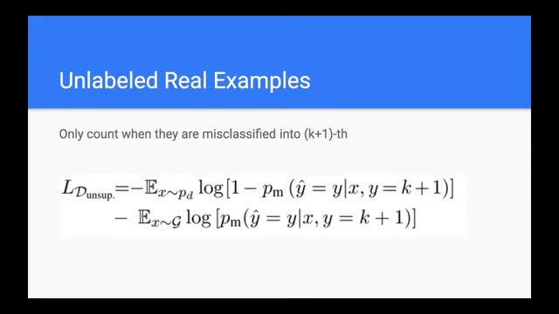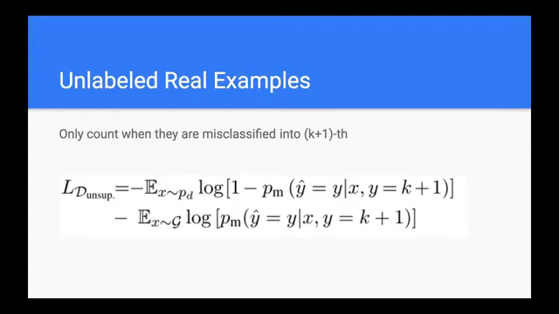Let's say the discriminator says it's class number 1. But how can we calculate the loss? We don't have the label for that. So that's a little bit tricky. They don't actually calculate the loss when the unlabeled real example is classified correctly. They only calculate the loss function when it is misclassified as a fake class.